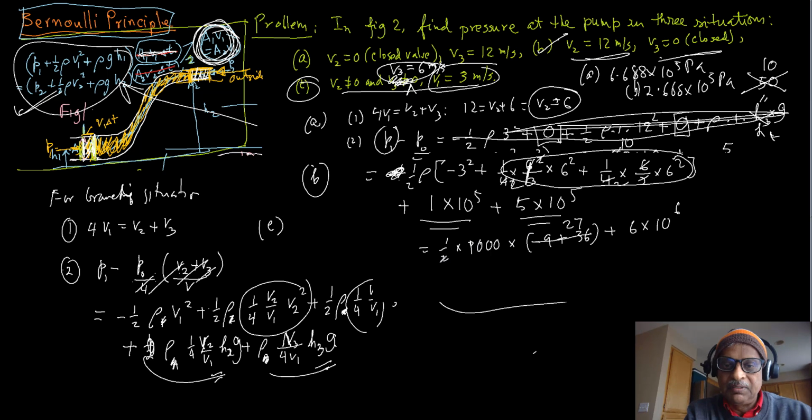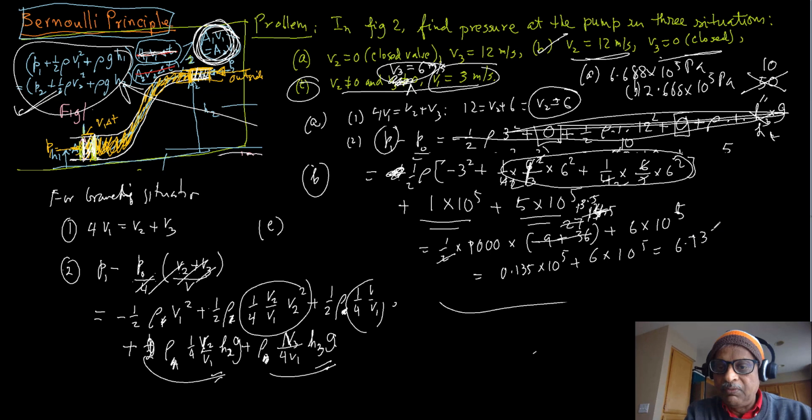This 27 is 13.5. So this is going to be equal to 0.135 times 10 to the power 5, making everything 10 to the power 5, plus 6 times 10 to the power 5 is 6.135 times 10 to the power 5.